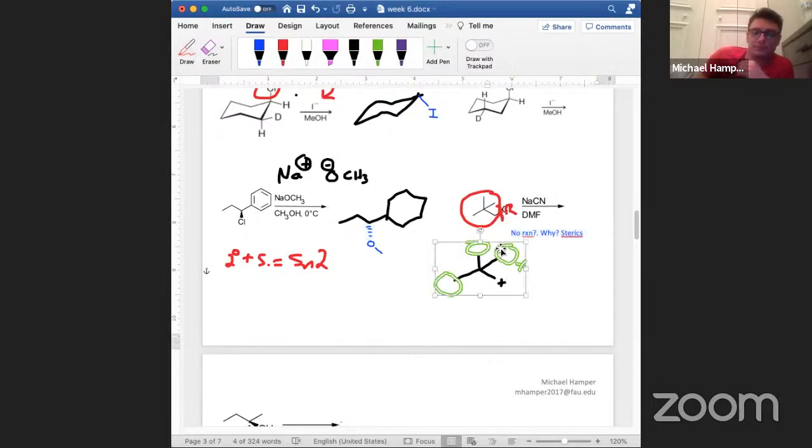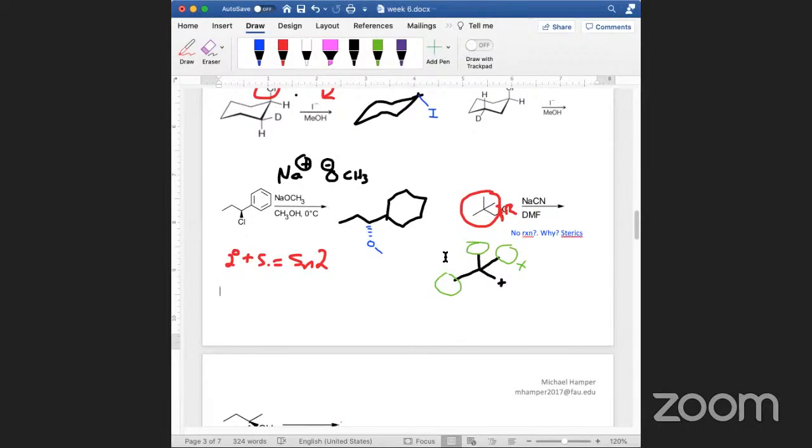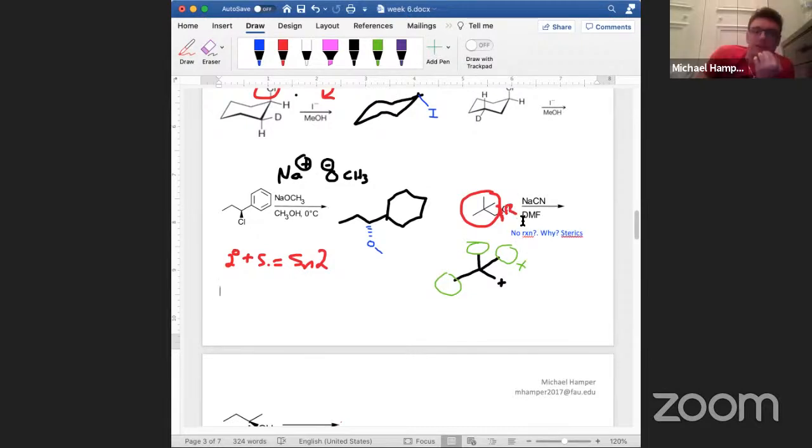If there were not 3 methyls, but just 2, it would occur, because there would be less steric hindrance. In that case, is it still considered a primary carbon, the one that's attached to the alpha carbon? Yeah, the leaving group is still considered a primary leaving group, but it doesn't occur because of the sterics.